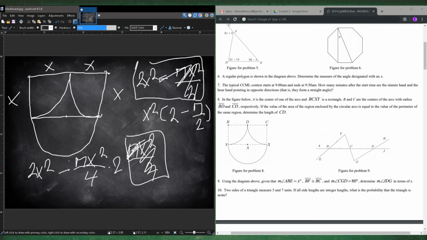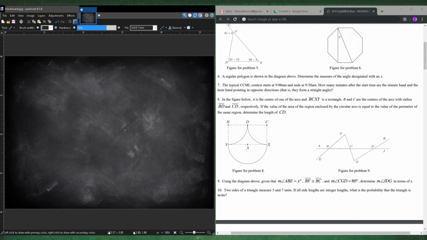So the area of the thing is basically just equal to this area, the 2x squared.